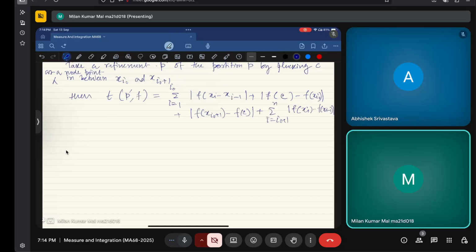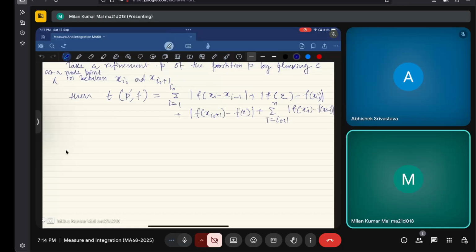Next is f(c) to f(x_i0). Next is f(x_i0 + 2) to f(c). Next will be i0 to i0 + 1.